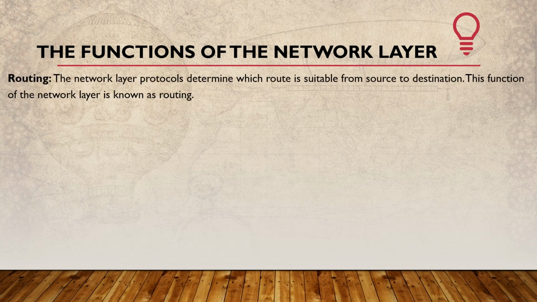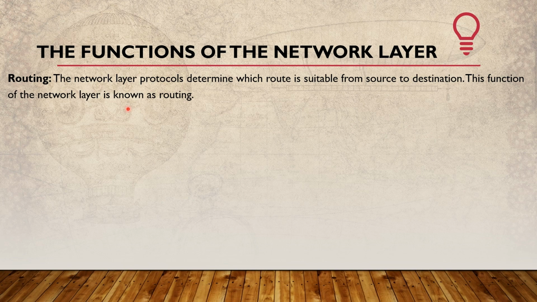Routing is the first function of the network layer. The network layer protocols determine which route is suitable from source to destination. This function of the network layer is known as routing. As in the example, I need to reach Paris from India and I have multiple paths; the routing will take care of that.